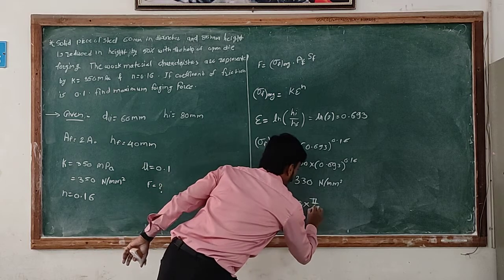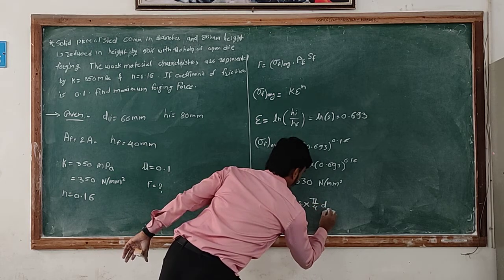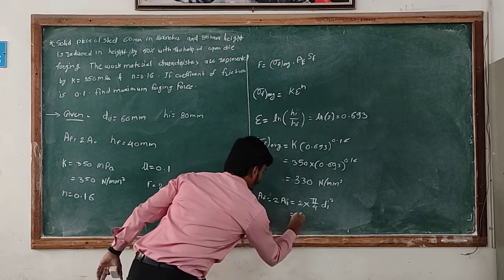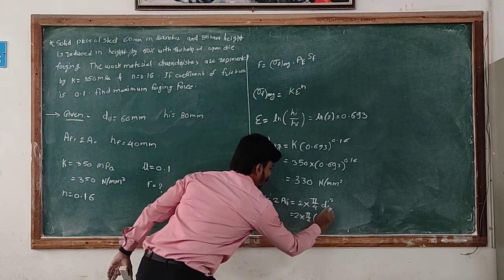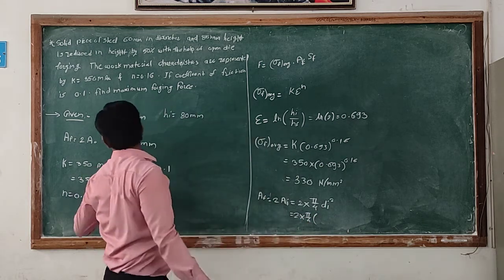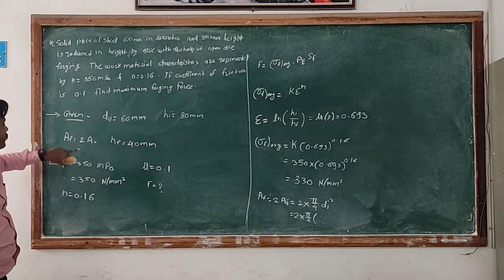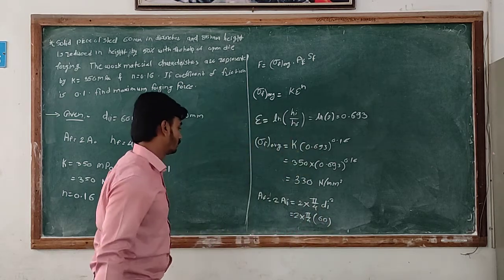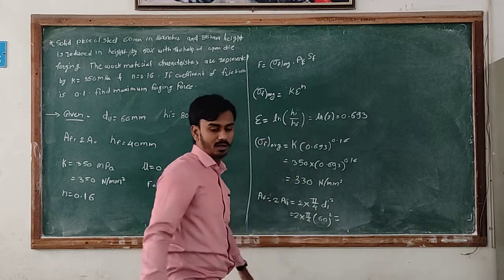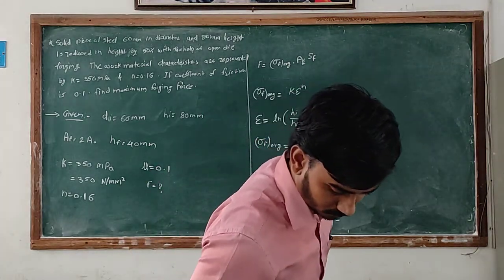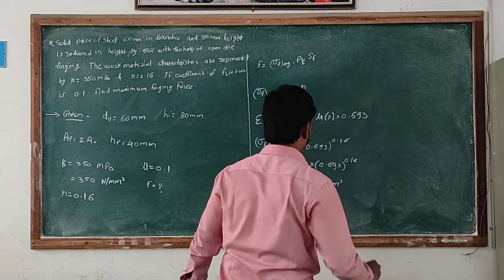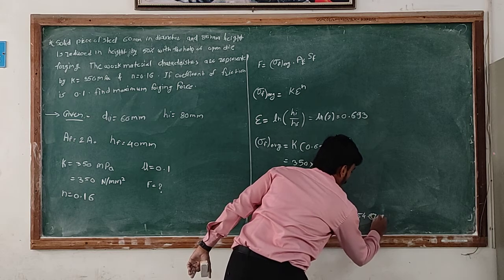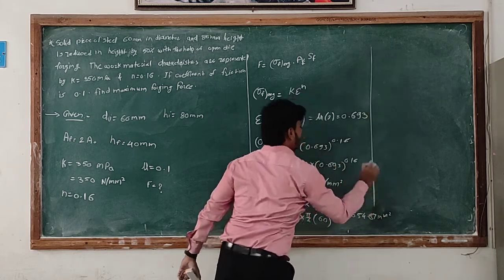So it is equal to 2 into pi by 4 into Di square, where the initial diameter of the material is given as 60. Squaring it, this is the area.